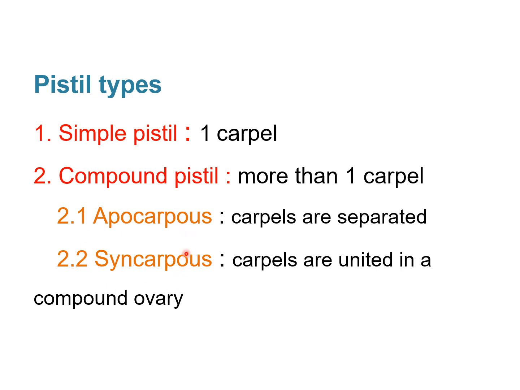But if the same flower has many carpels and all the carpels are fused together in a compound ovary, we call it a syncarpous pistil. So this is the general meaning of some technical terms that you have to know before studying the fruit types.